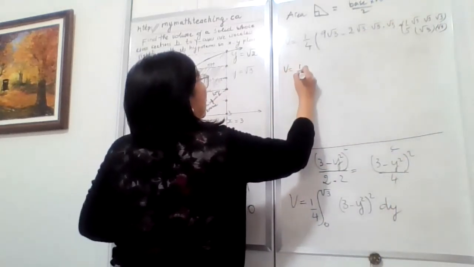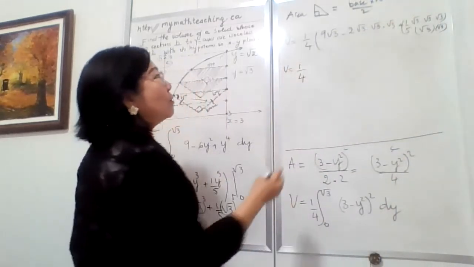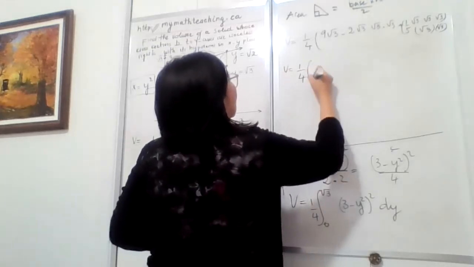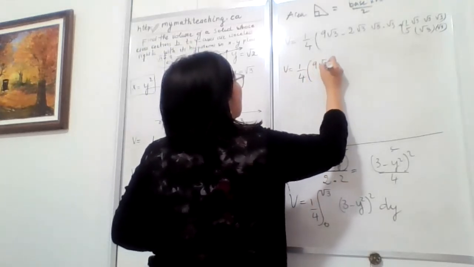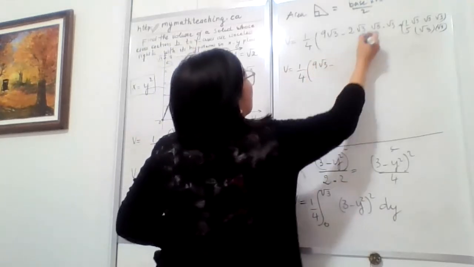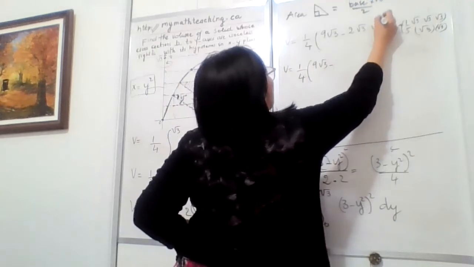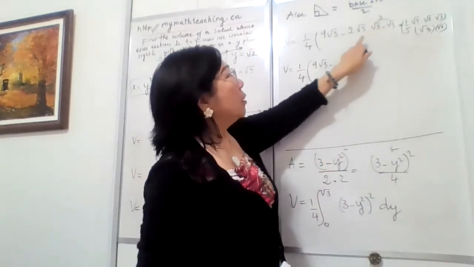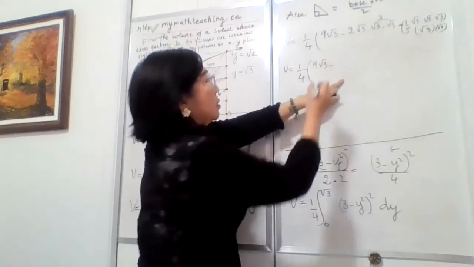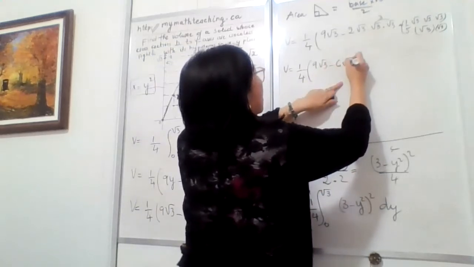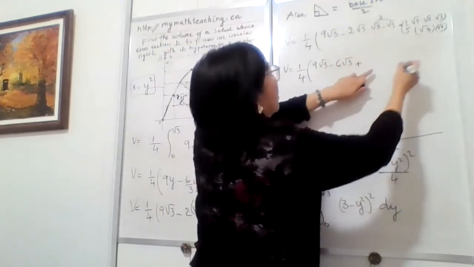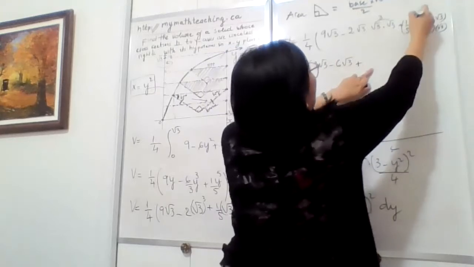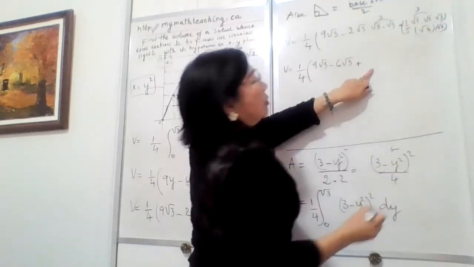So I'm going to do it by the long way instead of using the calculator. So we have 9 square root 3 minus, now this combined will be a 3, right? Because square root 3 times square root 3 equals 3. So 3 times 2 is 6. So we have 6 square root 3. Adding, this combined gives us a 3.